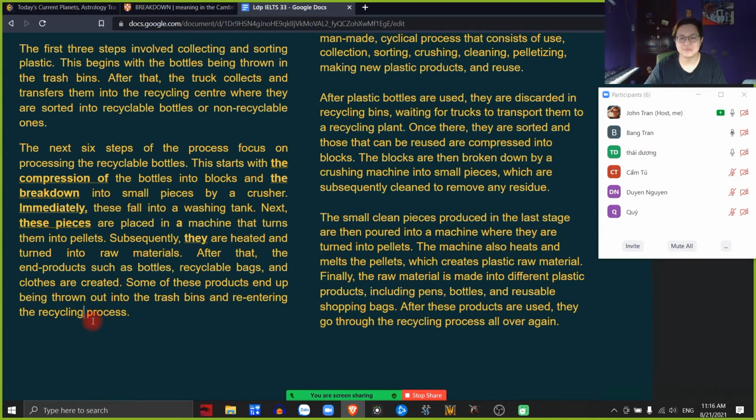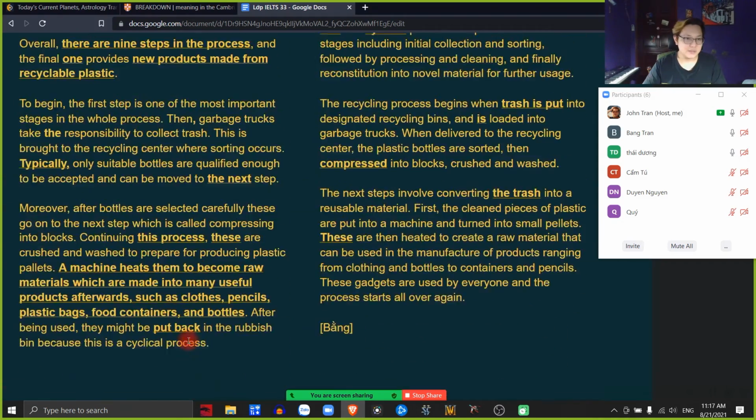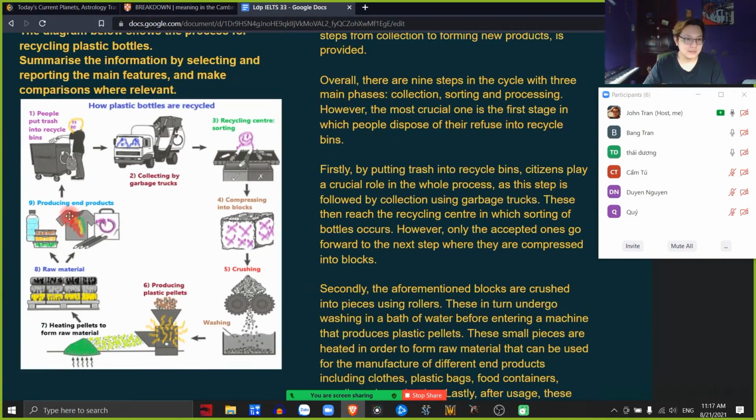The recycling process. Yes, recycling process. Một số những sản phẩm đó kết thúc là bị ném vào thùng rác và đi vào lại quá trình tái chế. This is a good assumption because you see here, it becomes this one again, but not all of them will end up in the trash bin, you know.